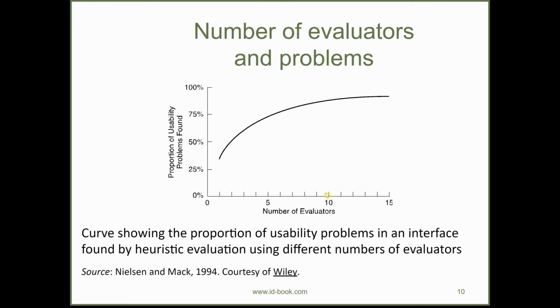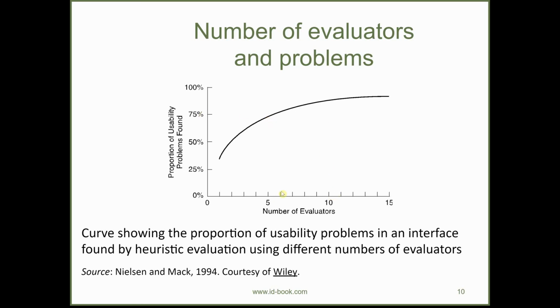But anyway, it has been found that too many evaluators are not needed. One evaluator will only be able to find about 30% of the problems. 2 evaluators will find maybe 40%, 3 will find 60, 4 will find maybe 70, and 5 will go up to 75.